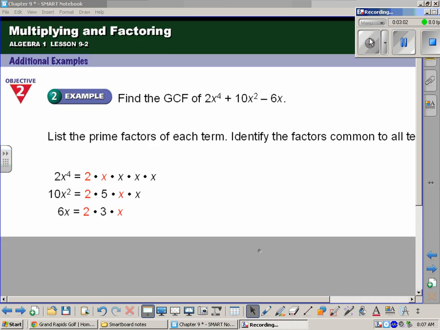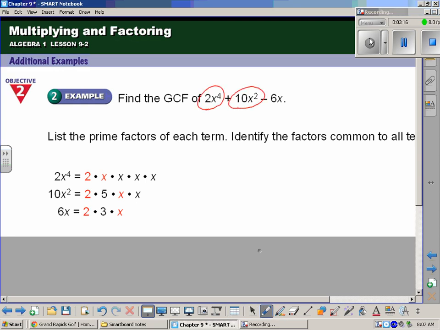All right, next we're going to find the greatest common factor of the expression 2x to the fourth plus 10x squared minus 6x. We're simply going to separate each term: 2x to the fourth, 10x squared, and 6x, and find the common factors in each. So we have to think about what we can find.